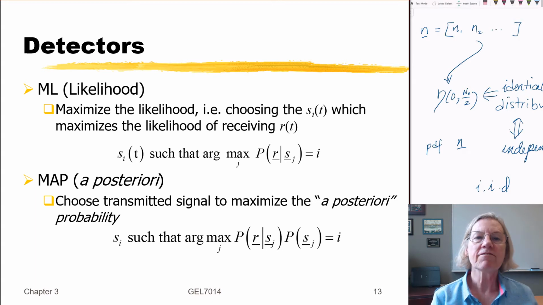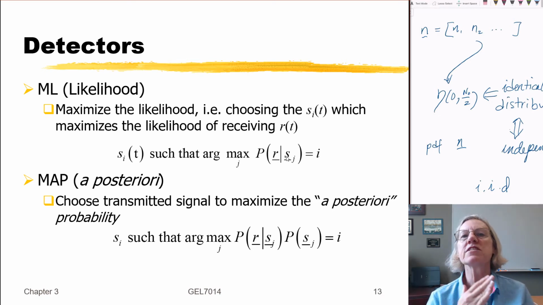So if I have a received signal r(t), which gives me the received vector R, and I want to decide which symbol was transmitted, what I do is, for each one of these R's, I calculate that conditional probability. One after the other, I try it for each one of the symbols.